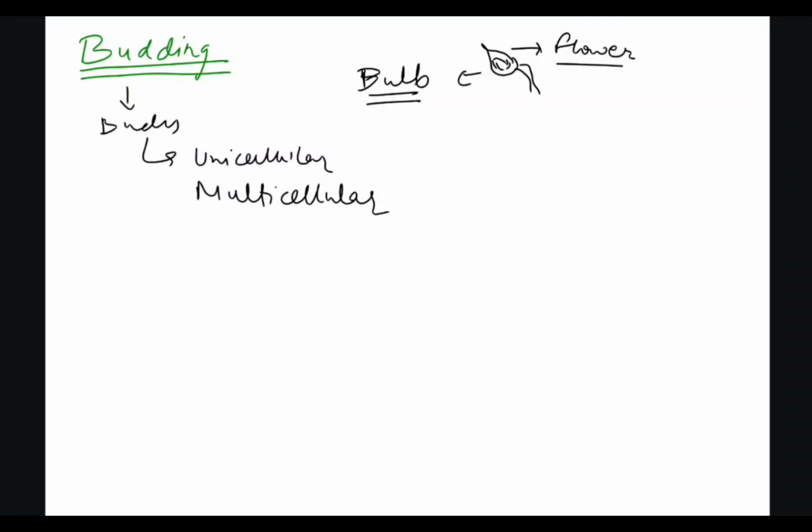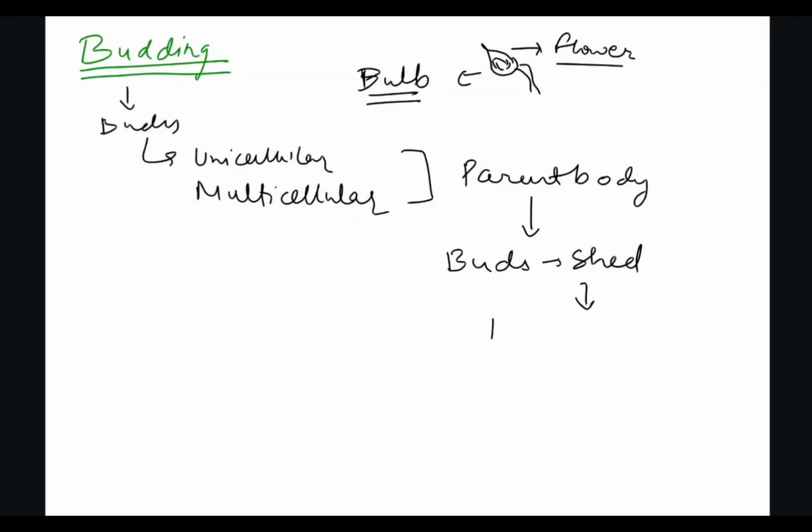And the bud finally separates to form a new individual. So these buds are on the parent body, and then the buds shed. By shed I mean they fall down, and then they grow into a new individual.